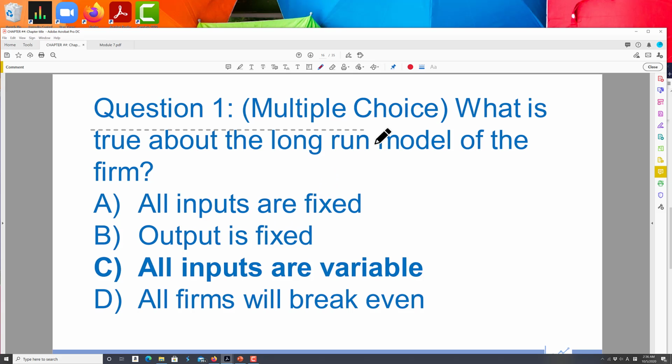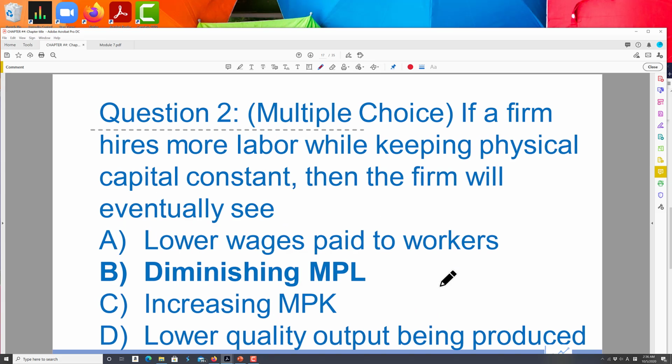So here are a couple of questions. What is true about the long-run model of the firm? All inputs are fixed? No. Output is fixed? No. All inputs are variable inputs? Yes. All firms will break even? Well, that remains to be seen. Next.